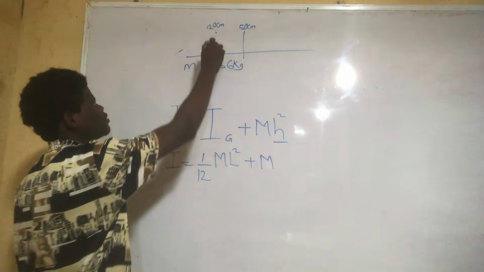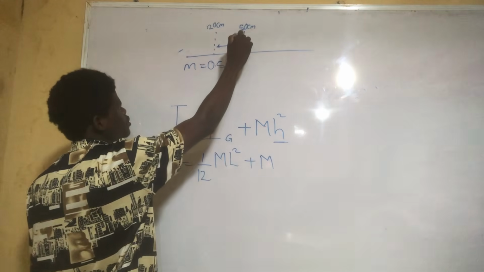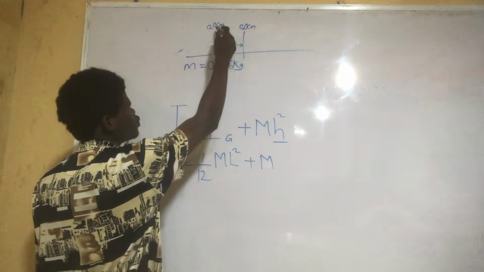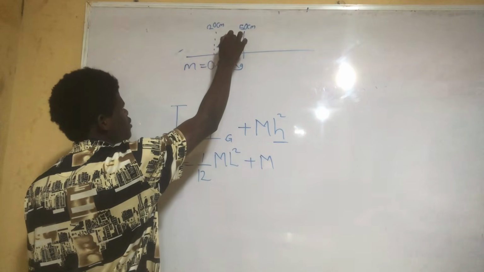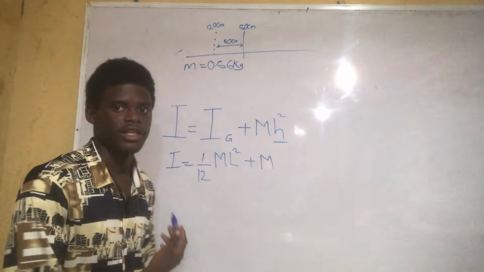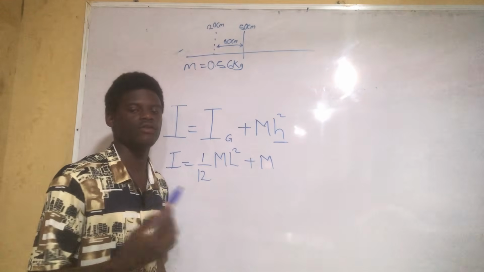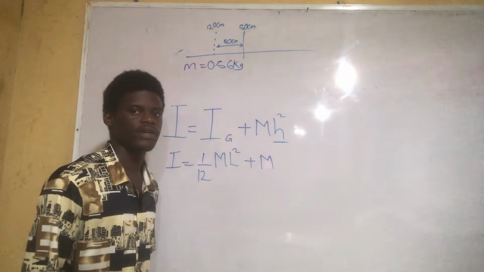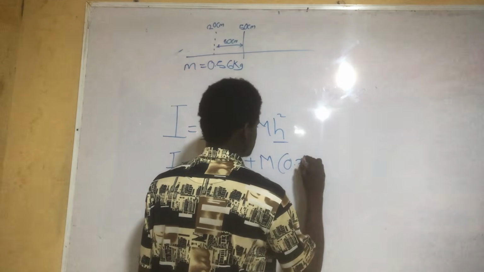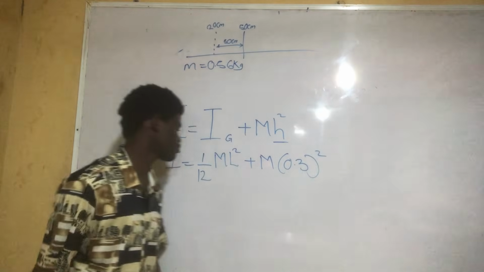Our h is the distance between the point we are considering and the center of gravity. That's 50 minus 20, which is 30 centimeter. But our unit has been meter, not centimeter, so I divide by 100. That's 0.3 meter.